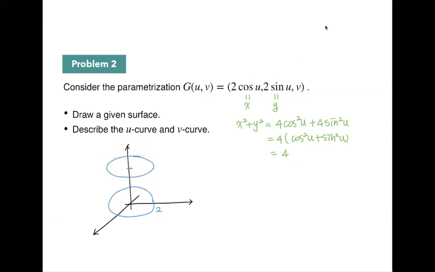Okay. And z is just v. So this equation implies that it is a cylinder like this.